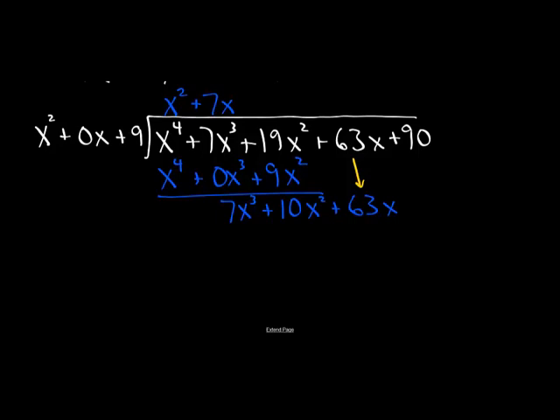I've got 7x cubed plus 0x squared plus 63x. Here we go. Now if I subtract, I'm going to get 10x squared, and 63 minus 63, that's 0. So then I bring down the 90.